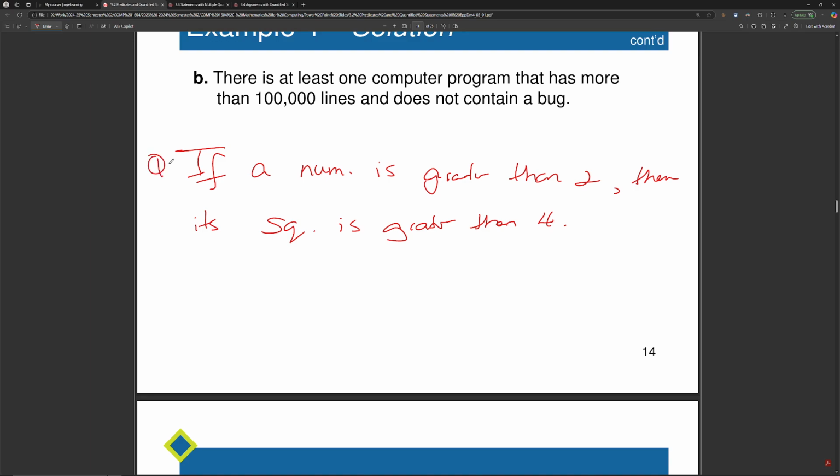So question, answer: there exists a number, so x, greater than 2, whose square is not greater than 4, full stop.